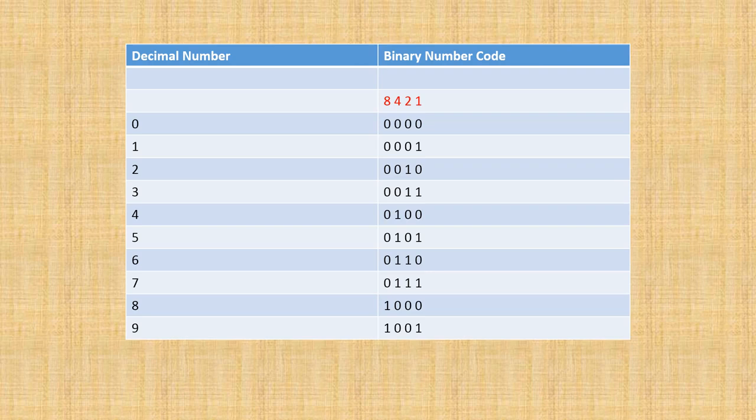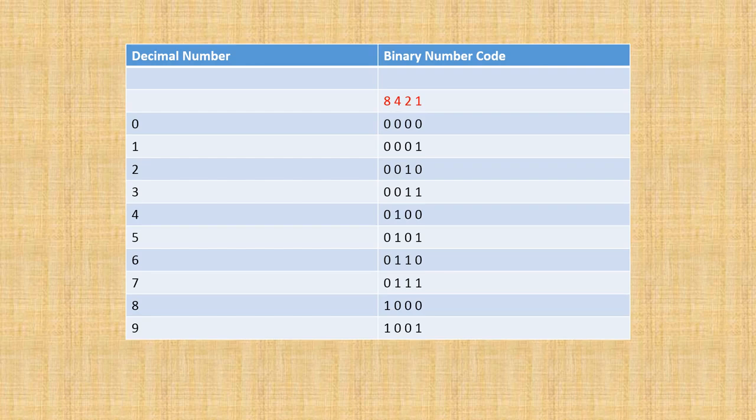For decimal 1, we put 1 under the weight 1 and 0 to other places. For decimal 2, we put 1 under weight 2, making the code 0010.